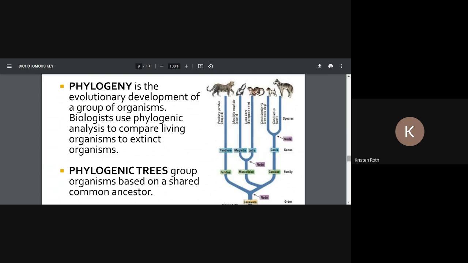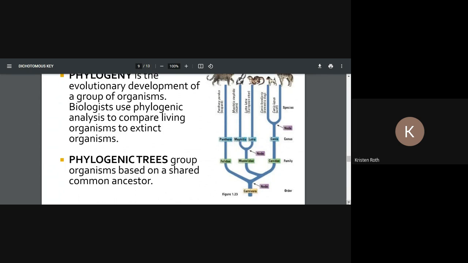So biologists use phylogenetic analysis to compare living organisms to extinct organisms to see what traits we have in common, right? Because again, that whole science background is evolution. We're constantly evolving. We've evolved from apes, we've evolved from aquatic animals. So these are things that we've evolved from.